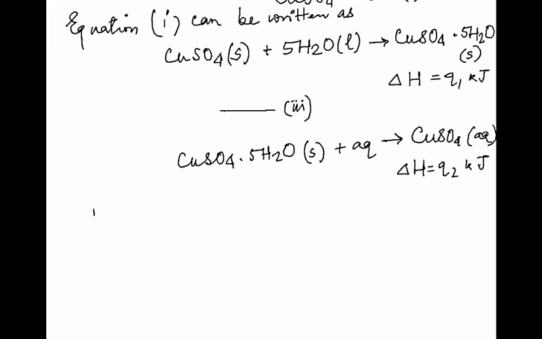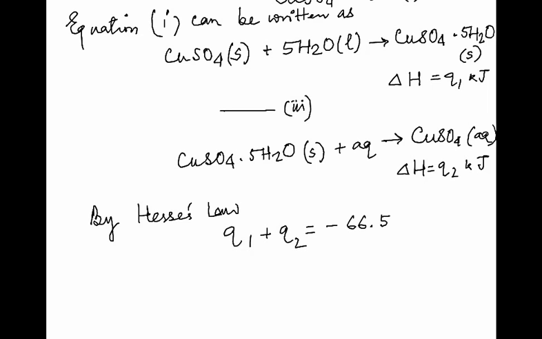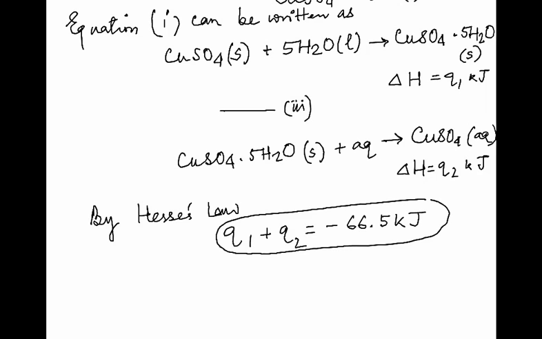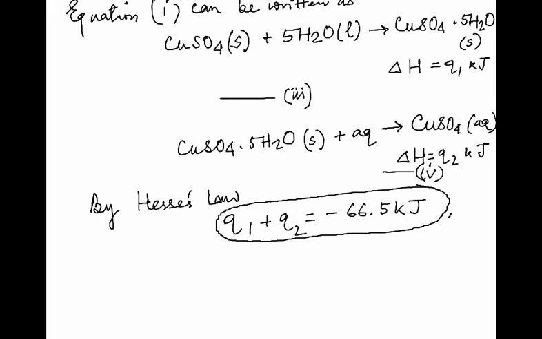Now by Hess's law, I can say that Q1 plus Q2 is equal to minus 66.5 kilojoule. Further, equation 2 and equation 4 are both the same.